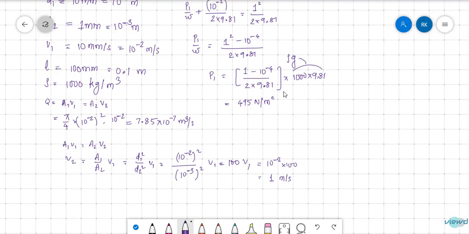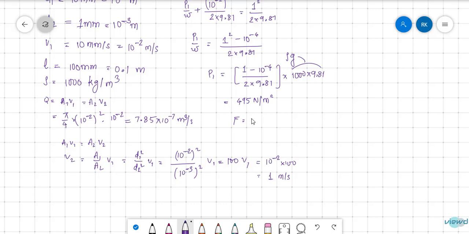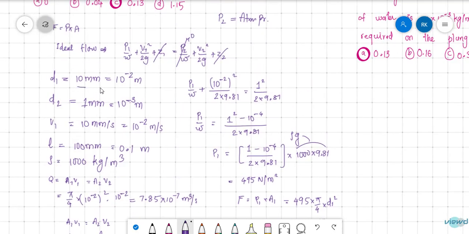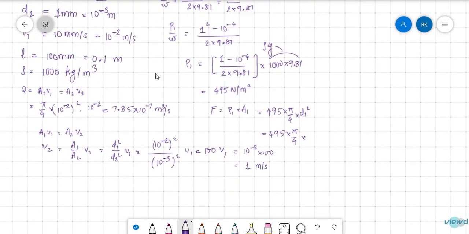Then what will be the F? F is equal to P1 into A1. So that will be 495 into A1, which is pi by 4 into D1 square. What is D1? D1 is equal to 10 mm, which is 10 power minus 2 meter.